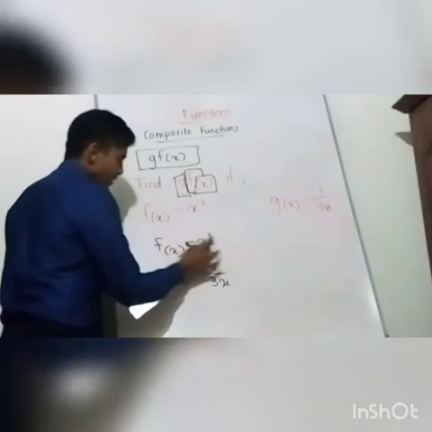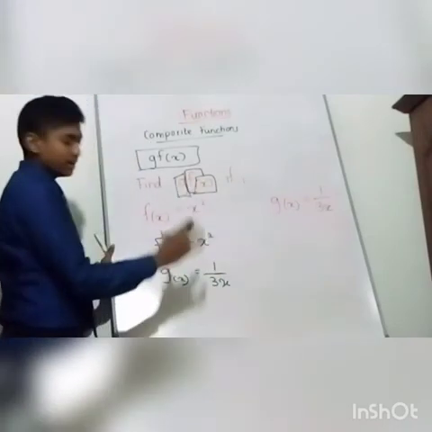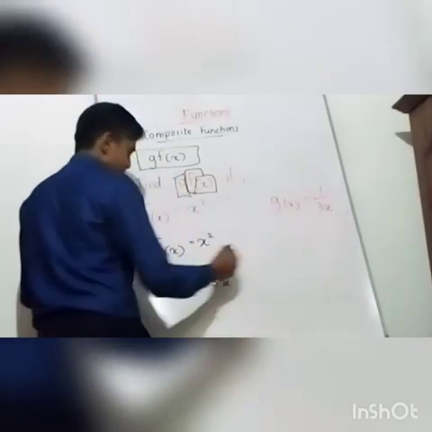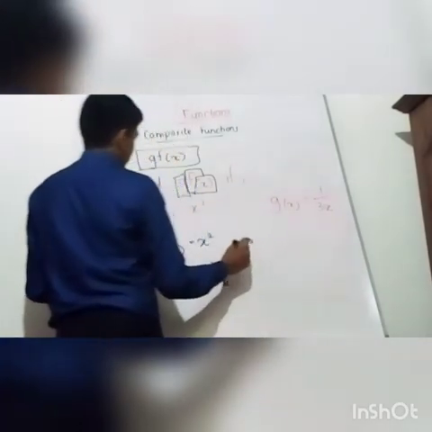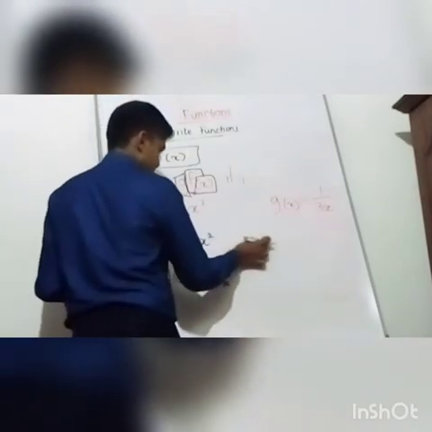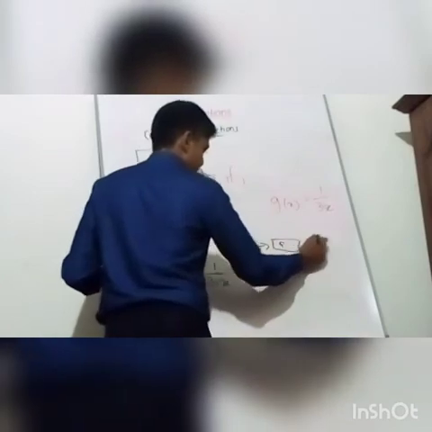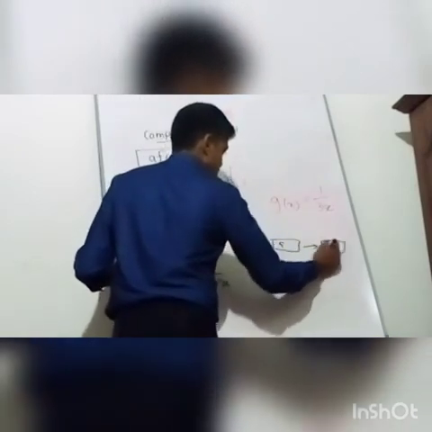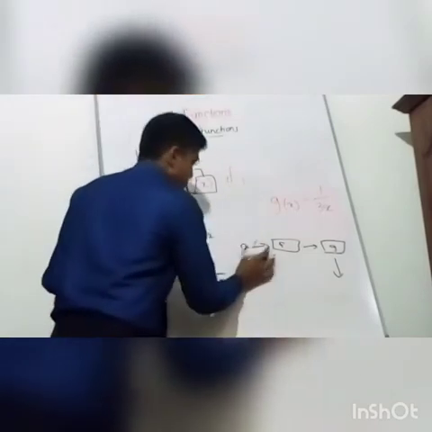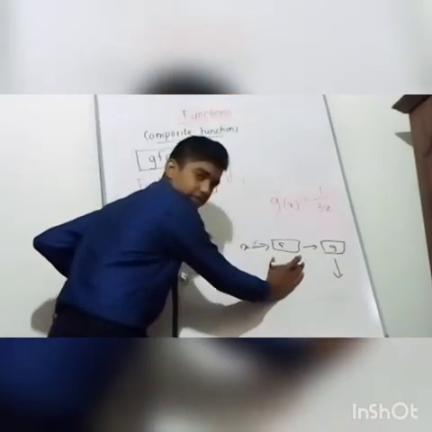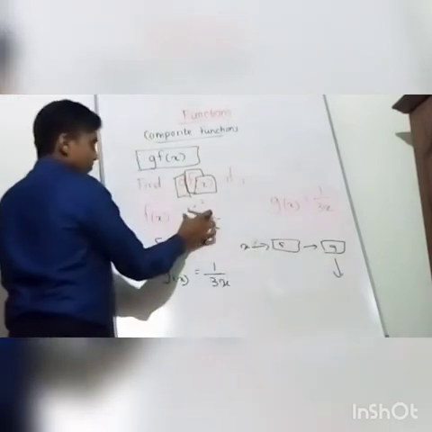So here I have got the domain as this. Now for example, if I put x through f, I must again go through g and only then get my range. So when it goes for f and comes out, it will be x squared.